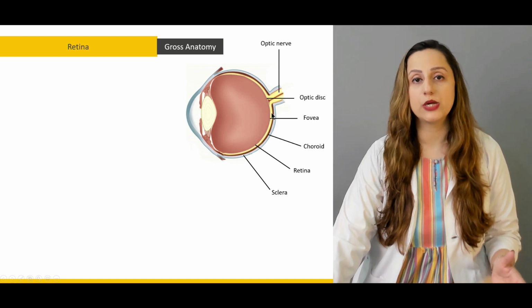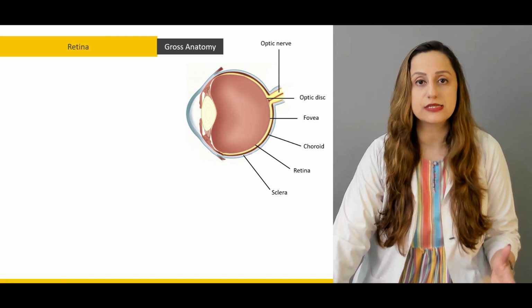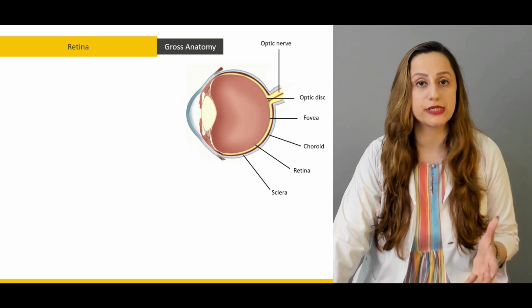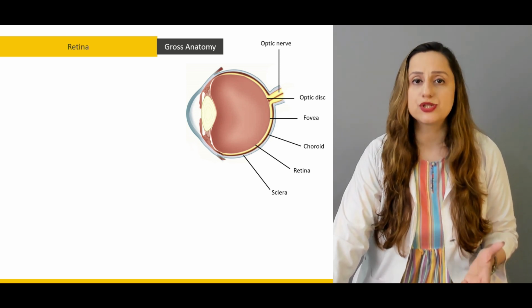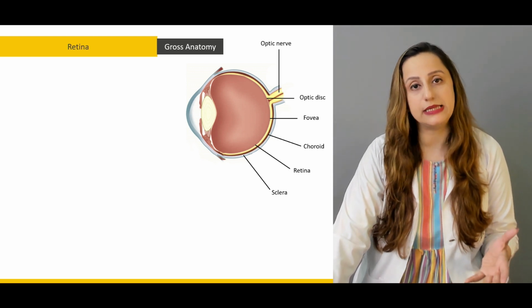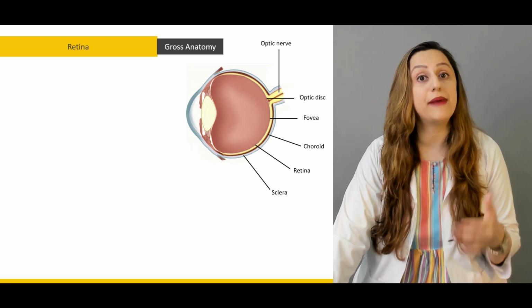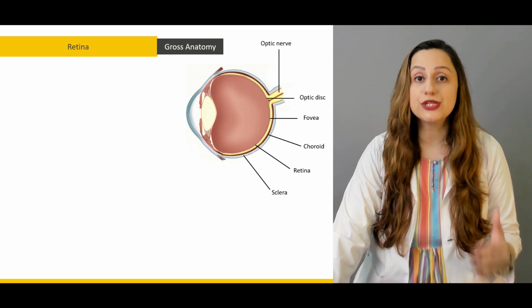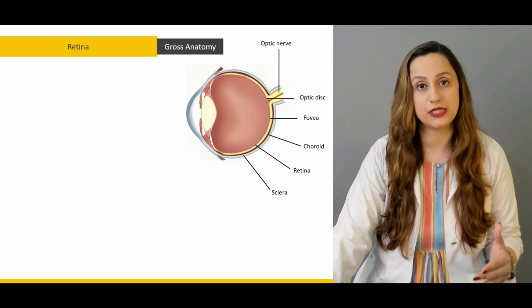Apart from providing protective functions, it is also a very important neurosensory end organ for vision. So any damage to the retina, or any congenital anomalies, that is, birth defects of the retina, are going to affect the vision of an individual.